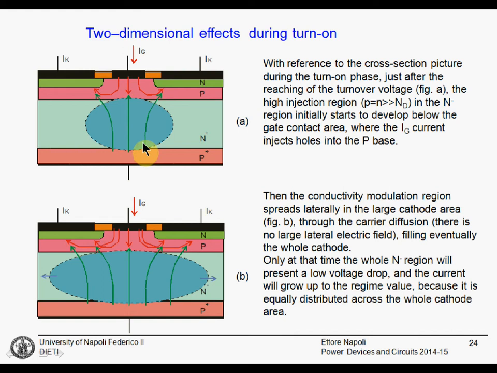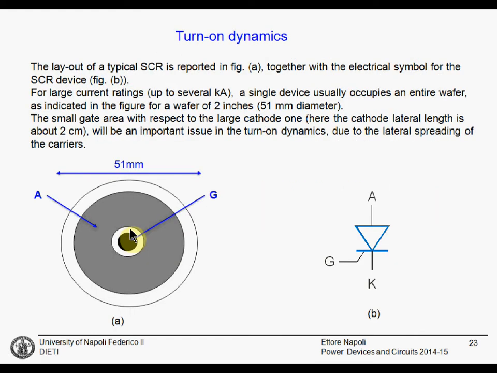What actually happens is that at the beginning, when the gate current is just above the triggering, and we are above the turnover voltage, there is a high injection region that is only below the gate, in our previous layout just in the middle of the device.